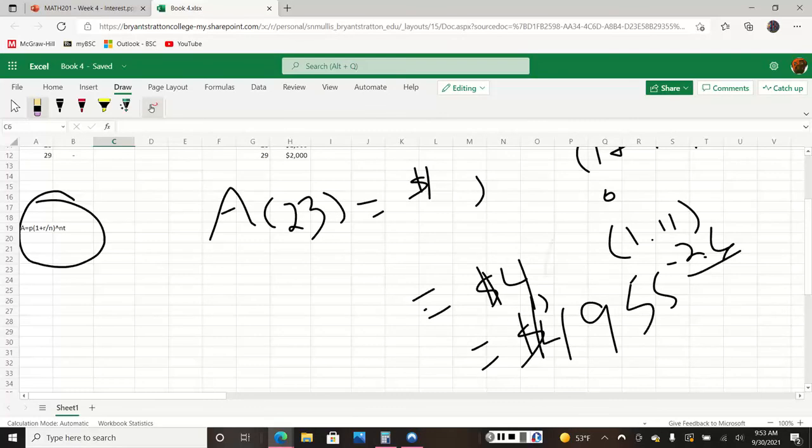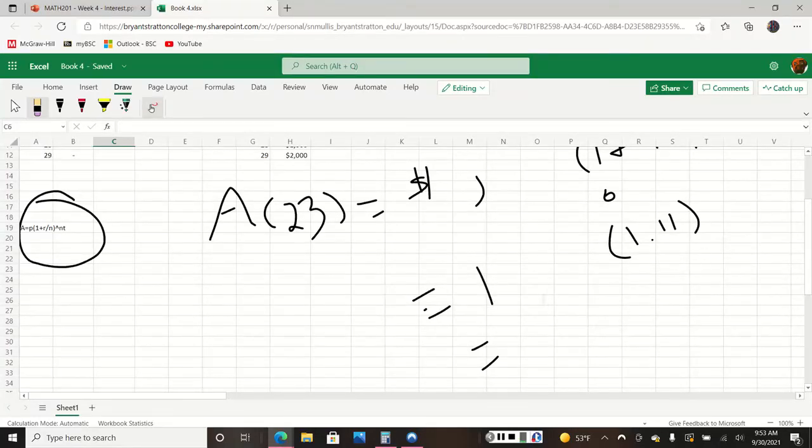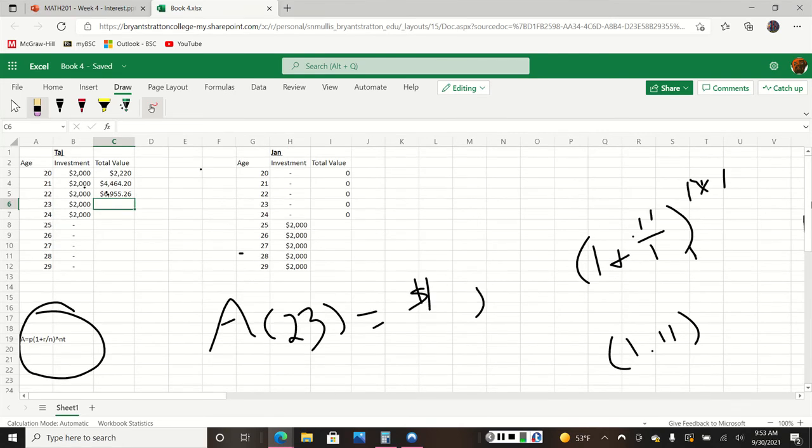So I'm going to get rid of this number here. Get rid of that. And so the number that we use for 23 years old is $6,955.26.